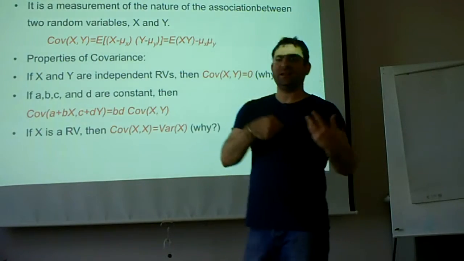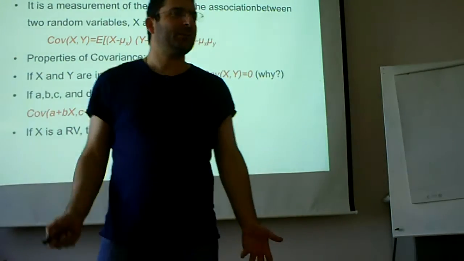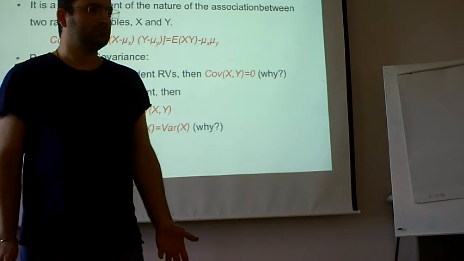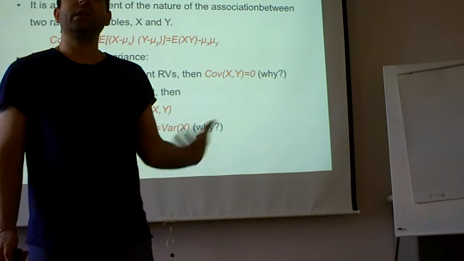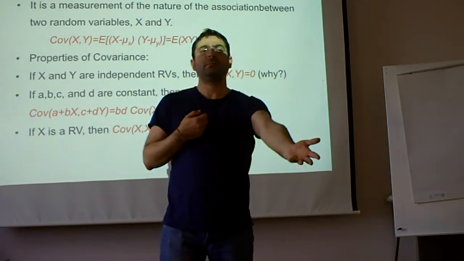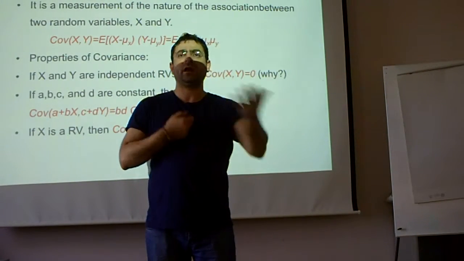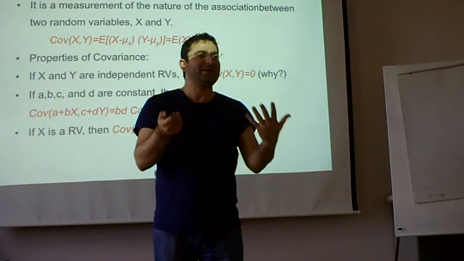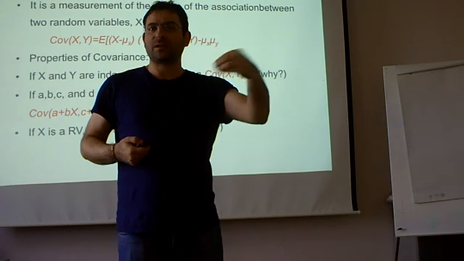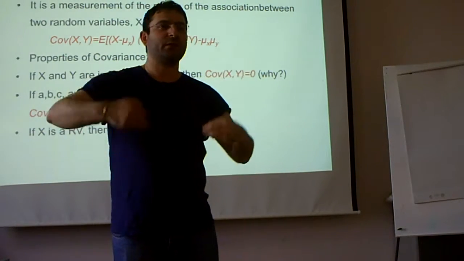What does it mean when two random variables are independent? One changes, it doesn't affect the other. Exactly. Today you wear a blue shirt and I have a cup of tea in the morning. They are irrelevant, so they are independent. It means that the occurrence of one does not depend on the occurrence of the other one.